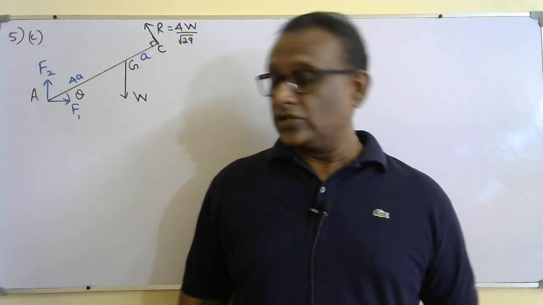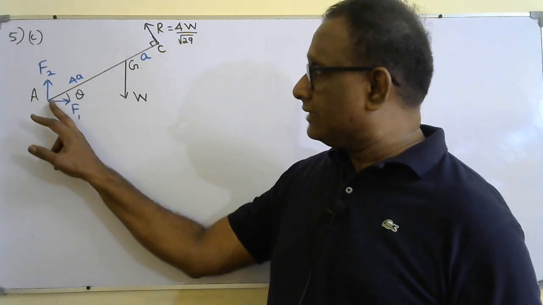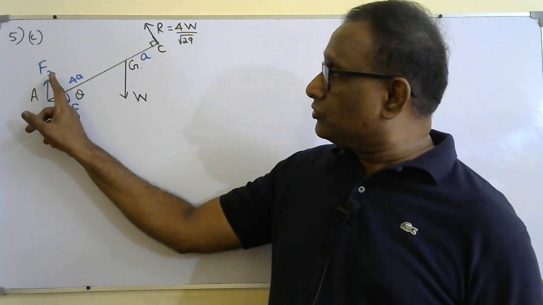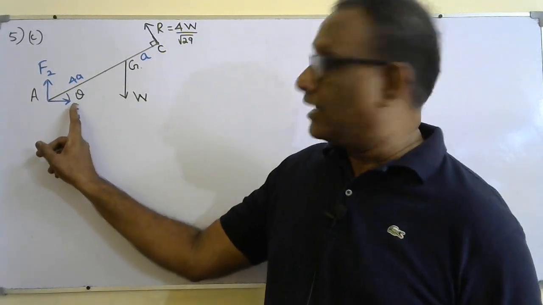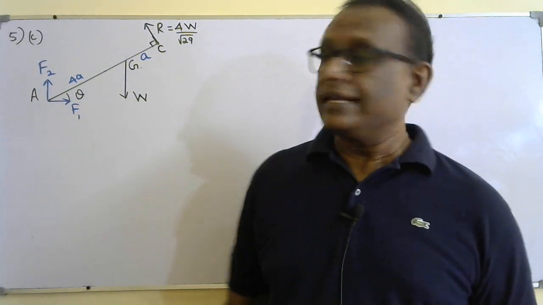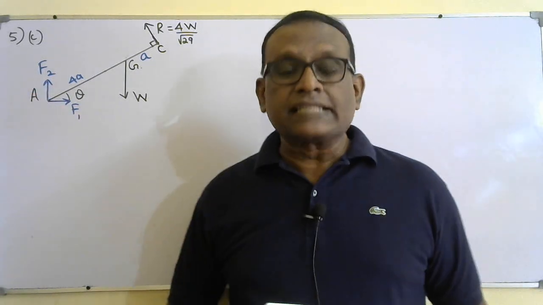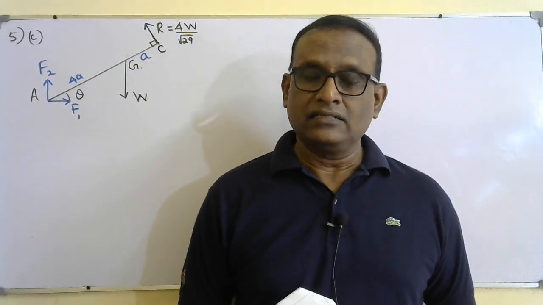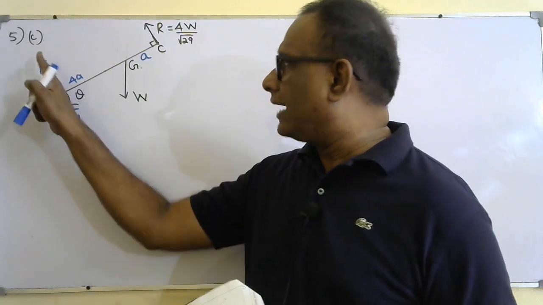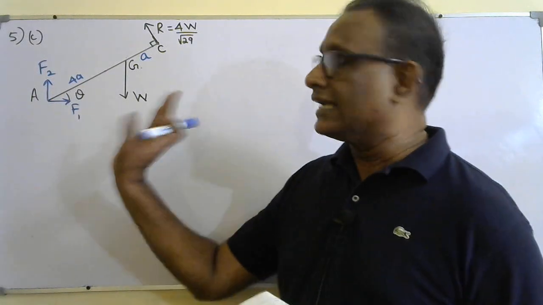When I solve it, I might get a negative answer for F2, which means it will be downward. If F1 is negative, then it will be towards left. So actually I don't know the actual direction of the force acting at A. I just took it towards right and up. When I solve it, if I get a negative answer, I can change the direction.